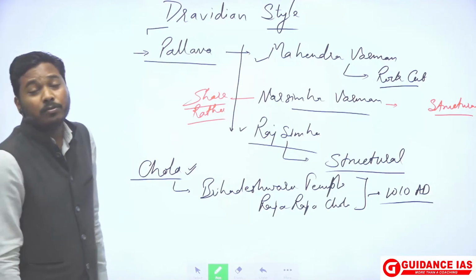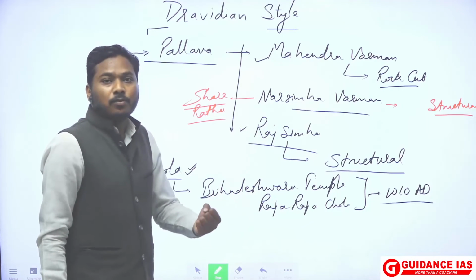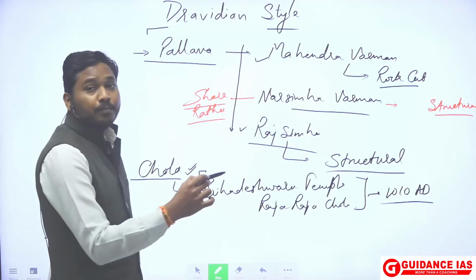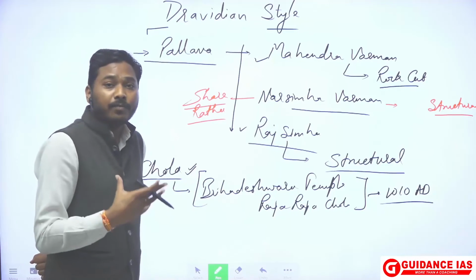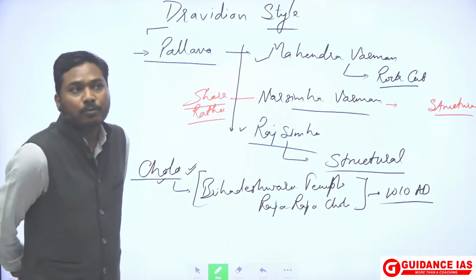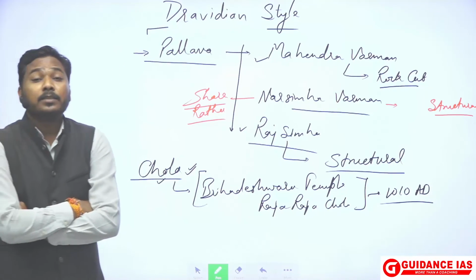More than 1,000 years have passed, but the temple stands strong. Clear? That is the prominence of the Dravidian style of architecture, that during the Chola dynasty, numerous temples were constructed.